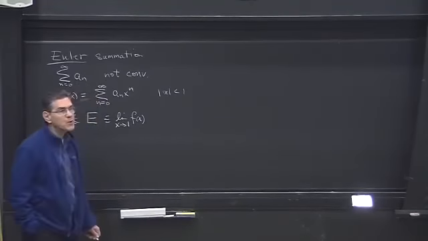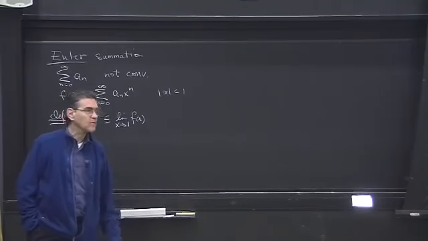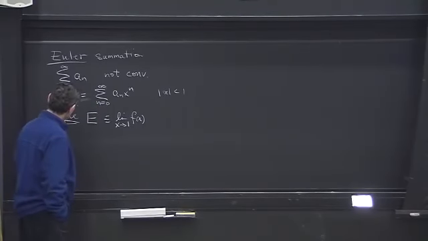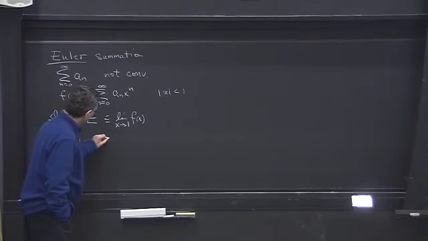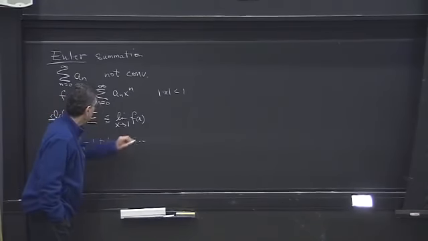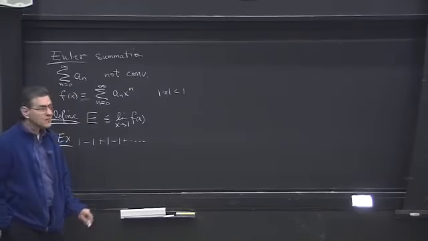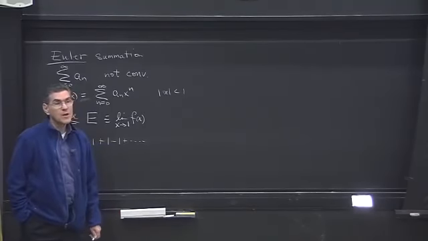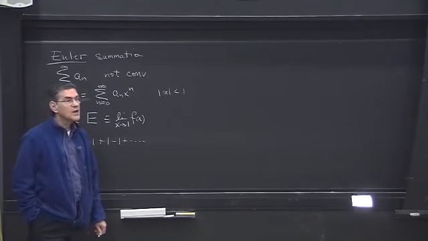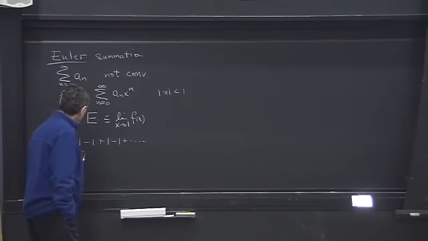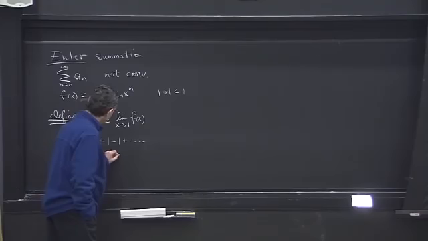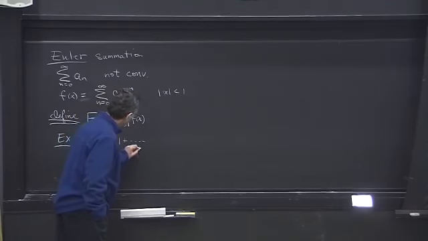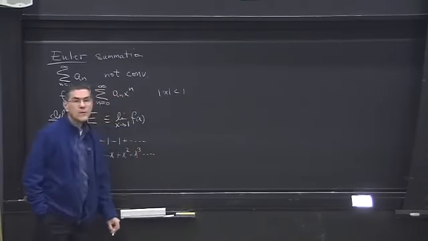Let's take the simplest divergent series we can think of. Here's an example. Consider the series 1 minus 1 plus 1 minus 1 plus 1, like that. This is a divergent series. Mr. Euler says, let's construct a function f of x which is equal to 1 minus x plus x squared minus x cubed, and so on.